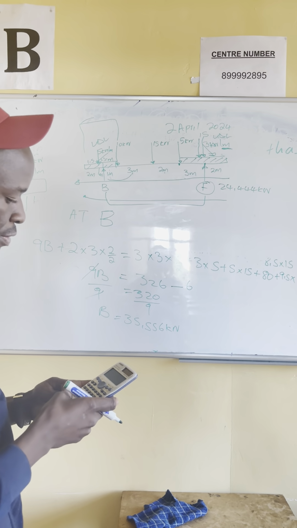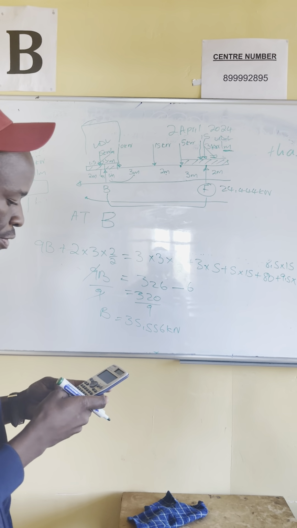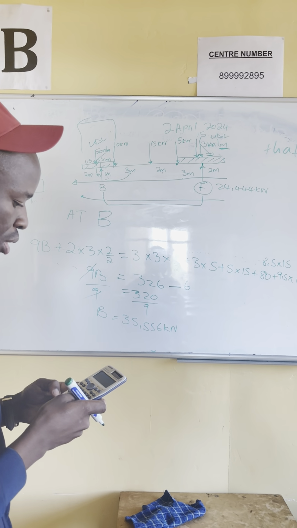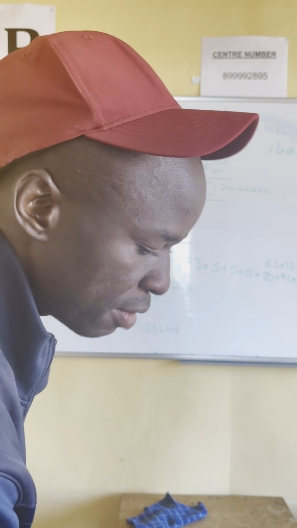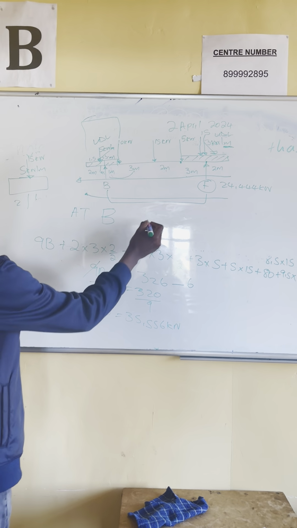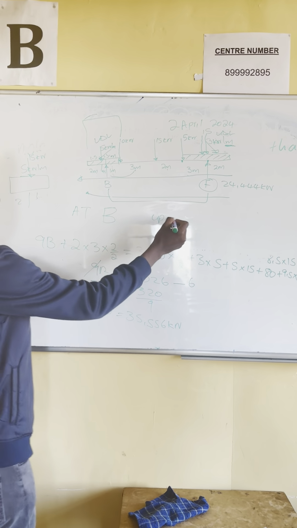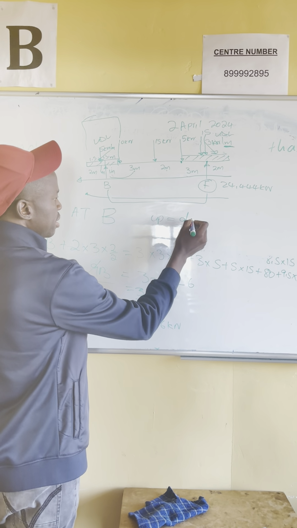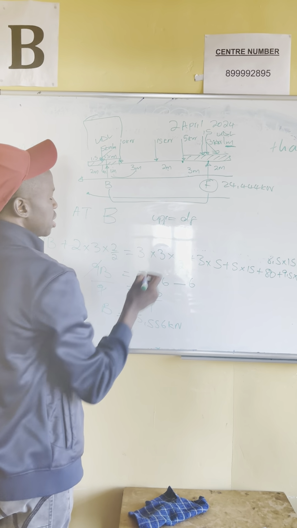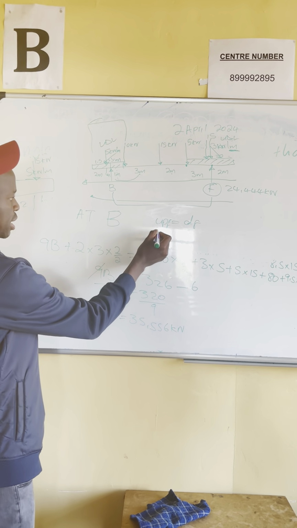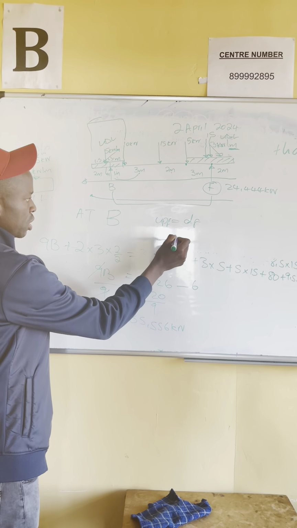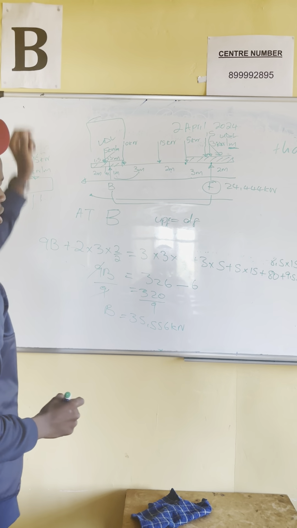Now what we get here, if we add this amount with this one, which is 24.444, it now gives us 60. Up force is equals to down force. Up force we got, that is 60 kilonewton. Now what about our down force?